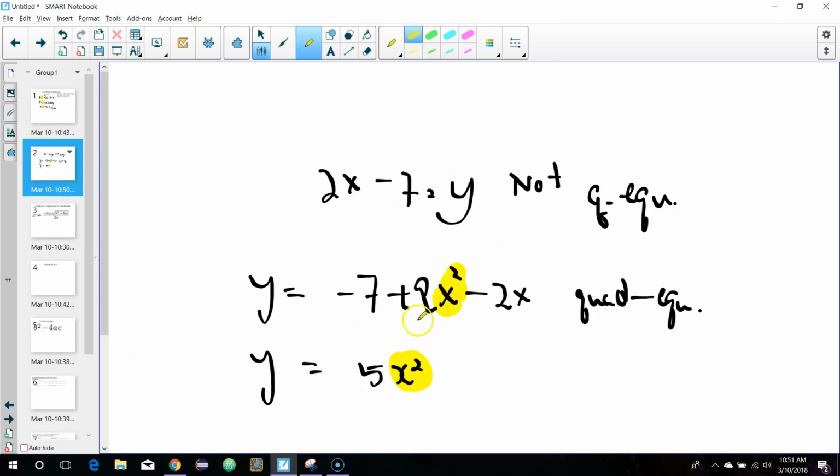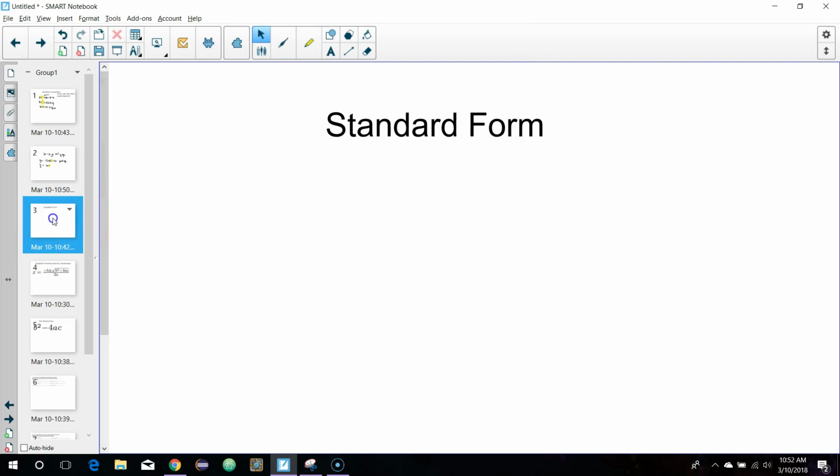When I was talking about this, I was saying the order of things is a little bit different, and I'll show you what I mean by that. We're going to talk about the standard form first. Standard form is basically how we like to have a quadratic equation looking. We'll just keep with the y.